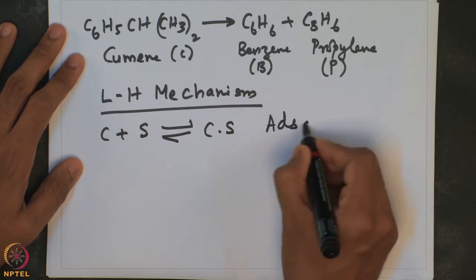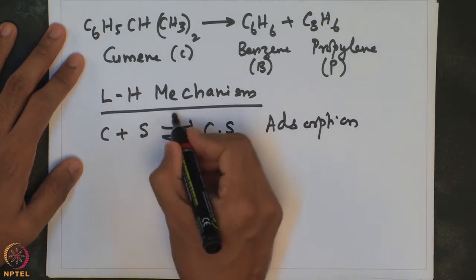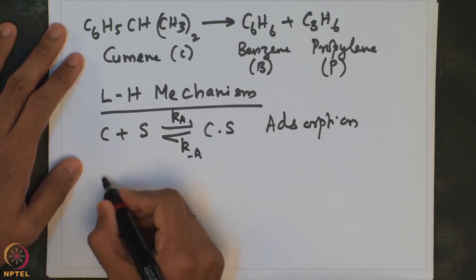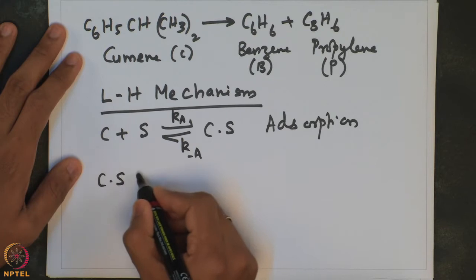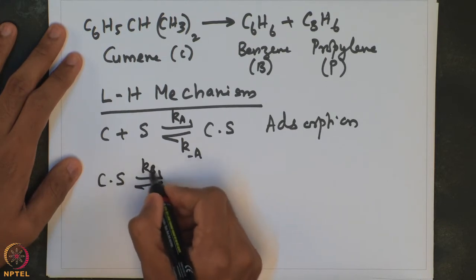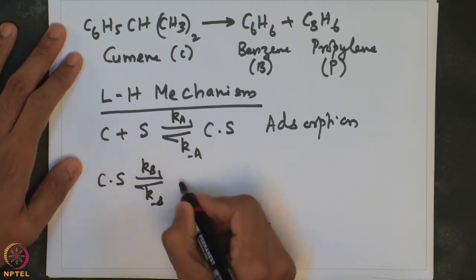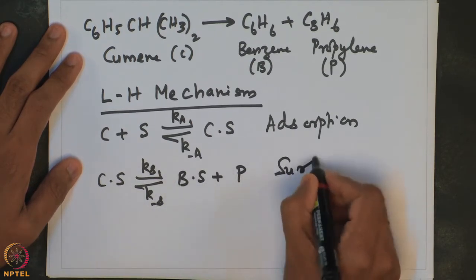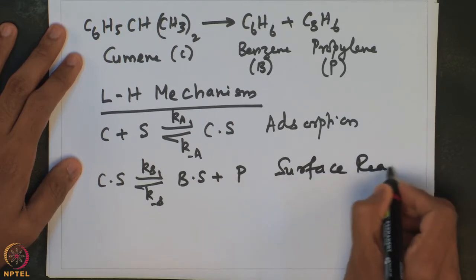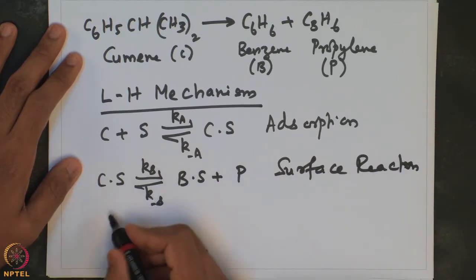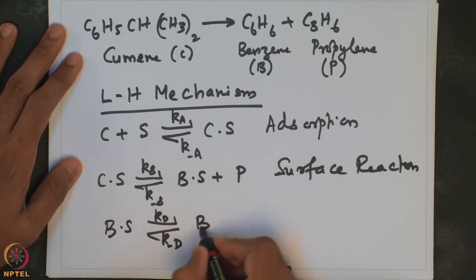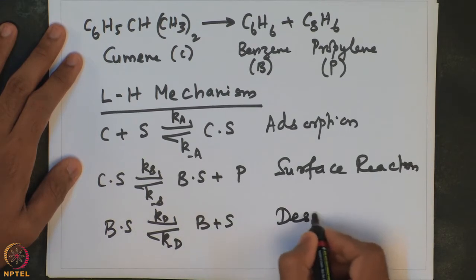That is the adsorption step, and let us say that the corresponding adsorption and desorption constants are Ka and K minus A. Ks and K minus S are the corresponding forward and backward rate constants for the surface reaction. And then we have the desorption step.